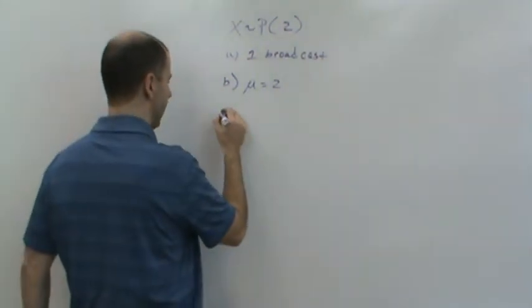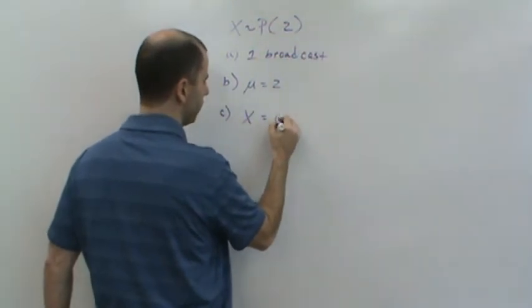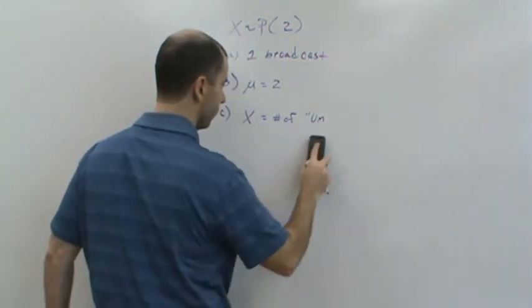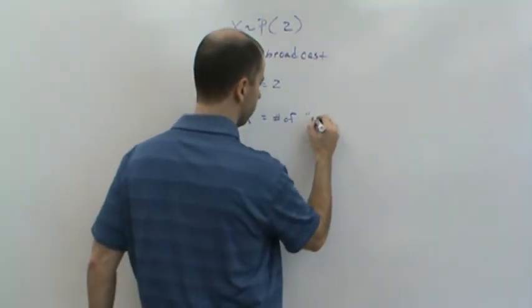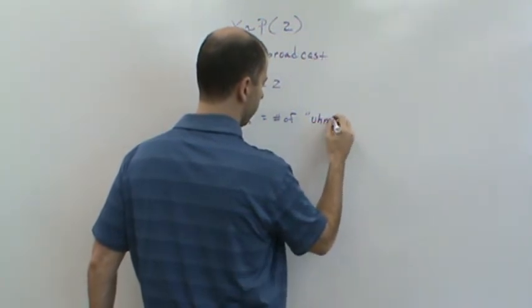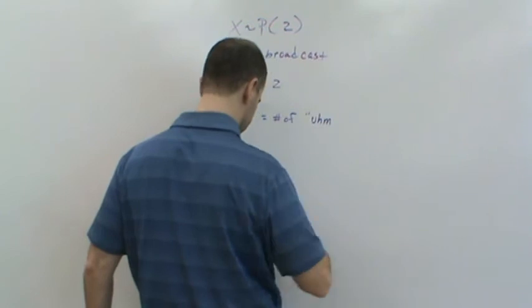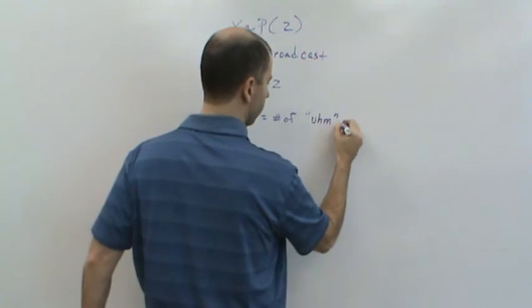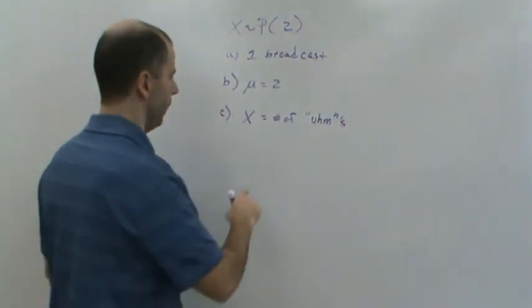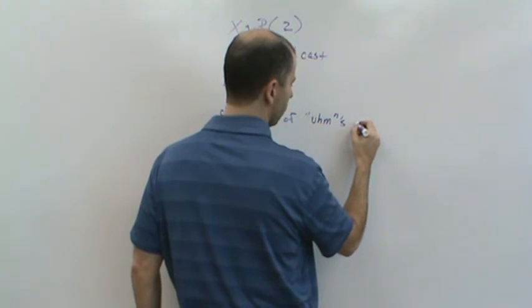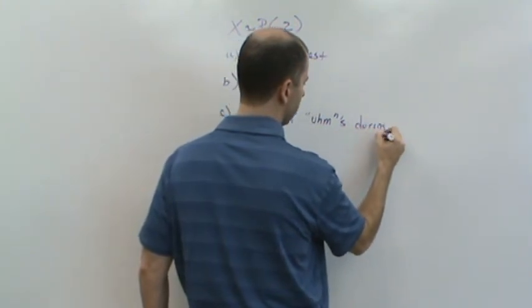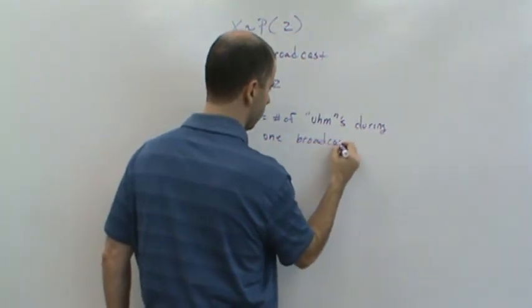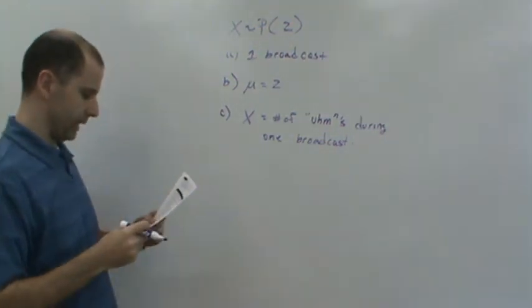Well, we already talked about that. So X equals the number of times the reporter says it during 1 broadcast.